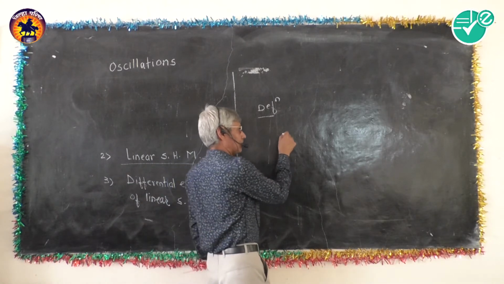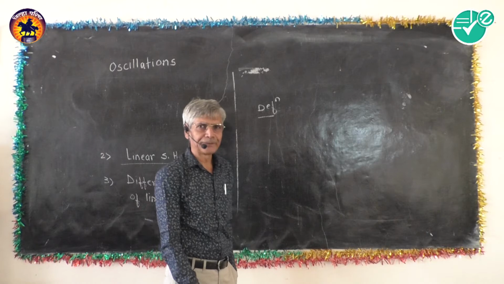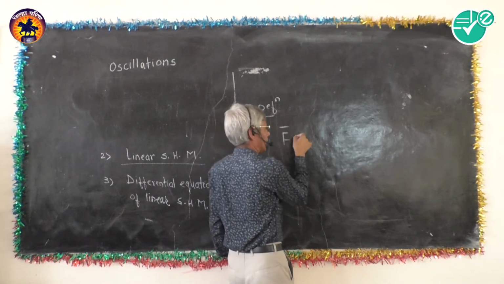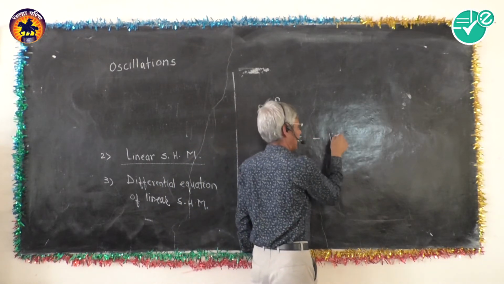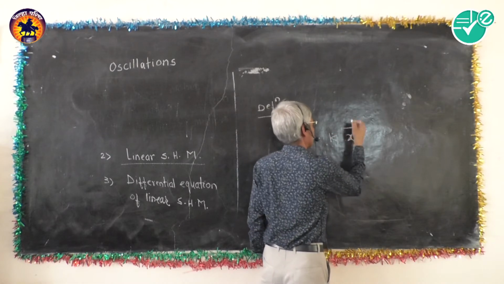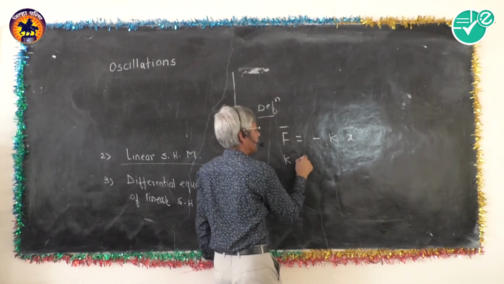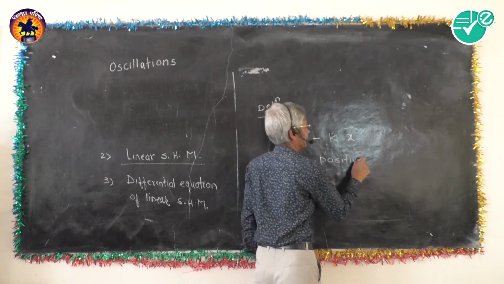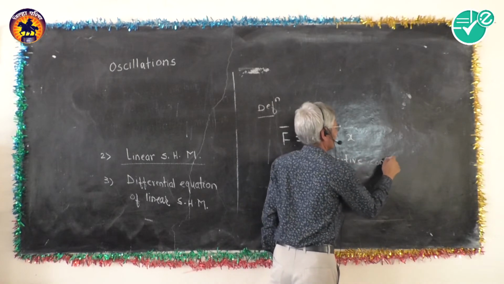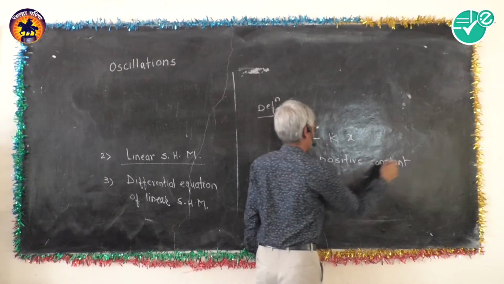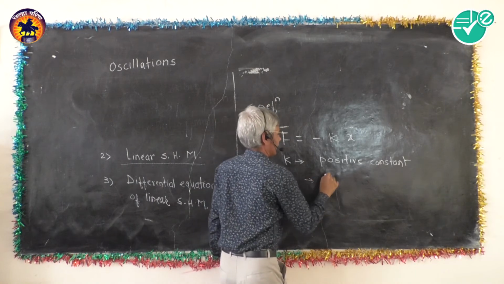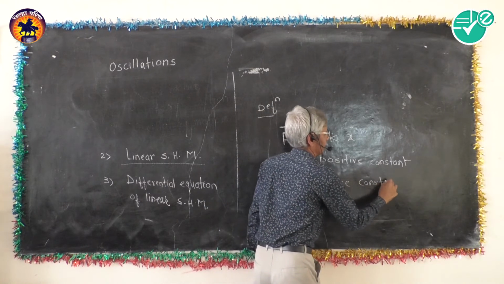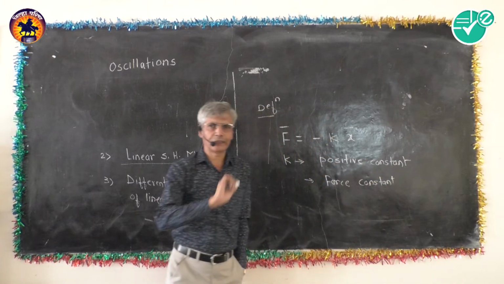And this condition can be mathematically represented by the equation F equals minus kx, where k is a positive constant, called as force constant.